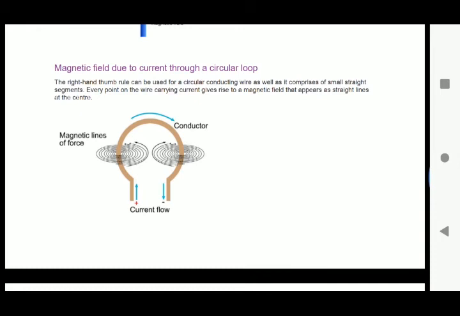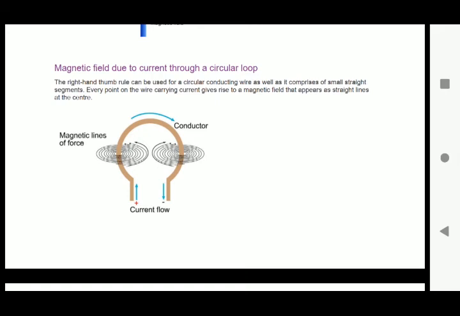It has been found that the magnetic effect of current increases if instead of using a straight wire, the wire is converted into a circular loop. When a current is passed through the circular loop of the wire, the magnetic field is produced around it.